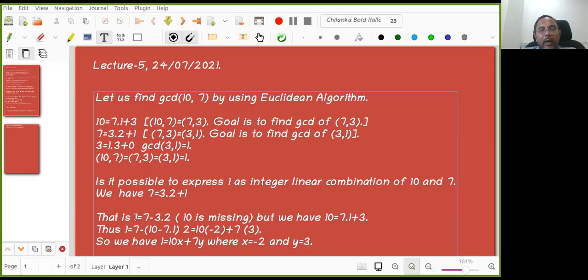But I want to express 1 as an integer linear combination of 10 and 7. 7 is there, but 10 is still missing. We know that 10 is equal to 7 into 1 plus 3, so from this I can get the 3: 3 is 10 minus 7 into 1. So finally 1 is equal to 10 into minus 2 plus 7 into 3. It is working, right? So we have 1 is equal to 10x plus 7y, where x is equal to minus 2 and y is equal to 3.